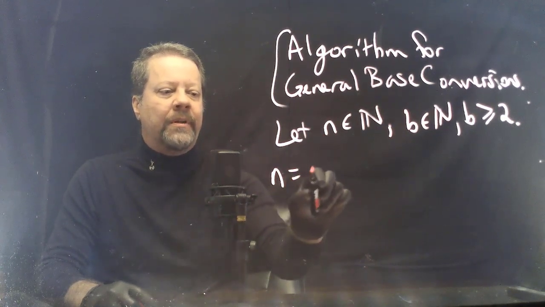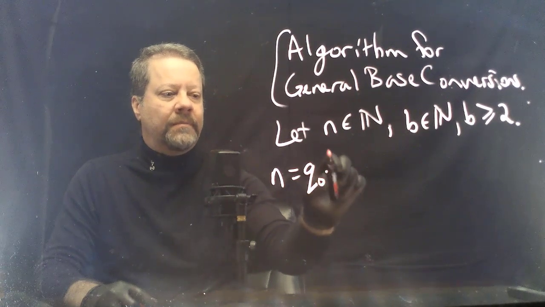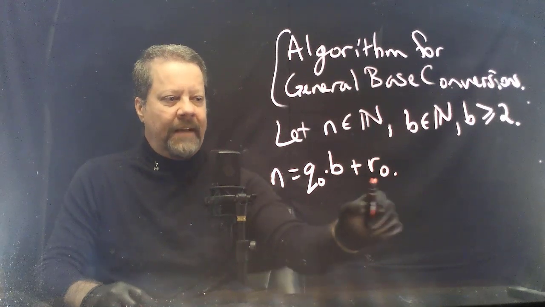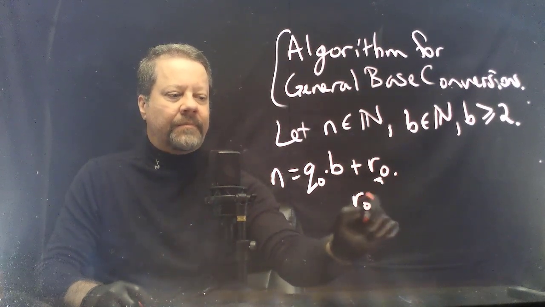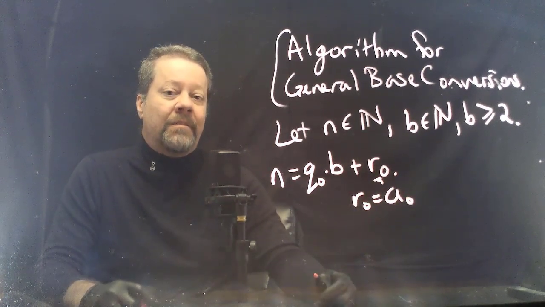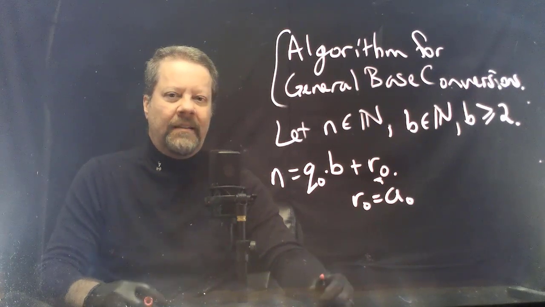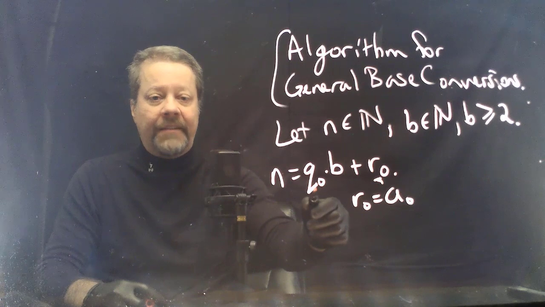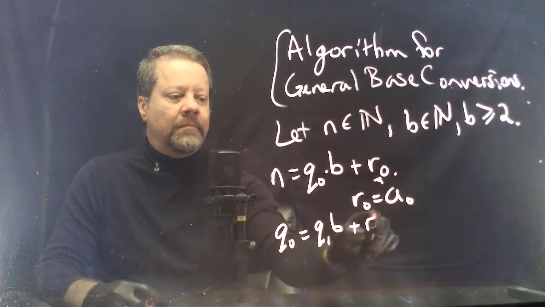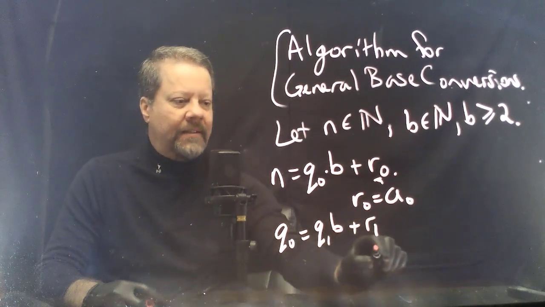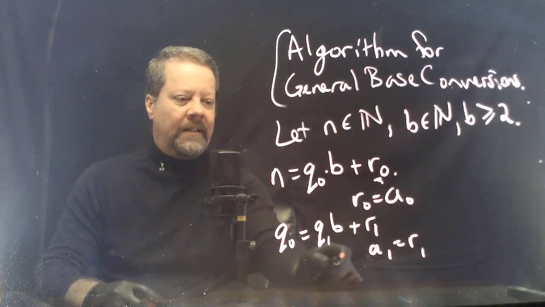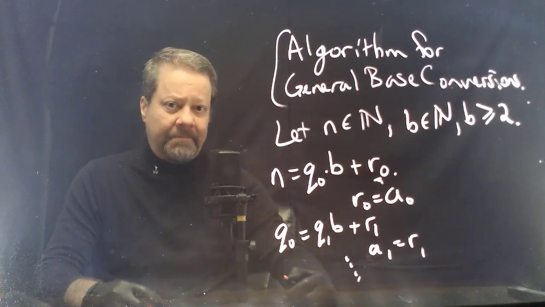And when you do, you're going to get a quotient and a remainder. That remainder is going to be the units place in your base b representation. After that, you take your quotient and divide that by b. We'll set our A1 to be R1. And we keep going until there's nothing left to divide.